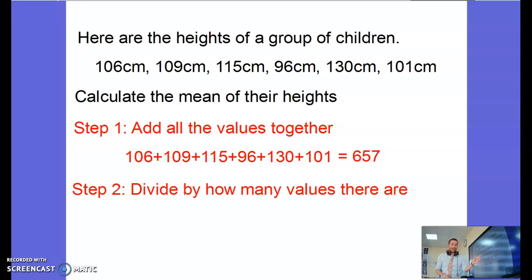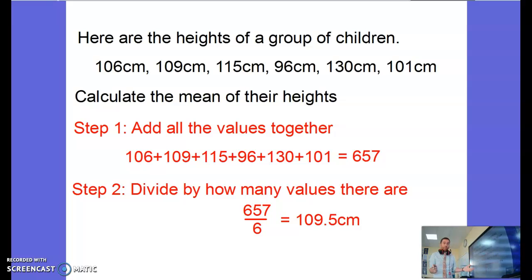Then we take that and we divide it by how many there are. Well, here there are 1, 2, 3, 4, 5, 6 heights, 6 children. We divide by 6. So 657 divided by 6 gives me 109.5. And that's it. Very simple.